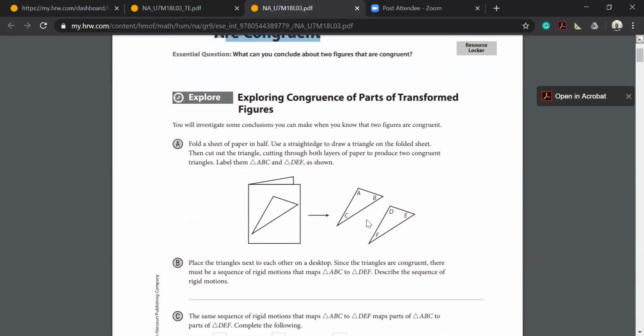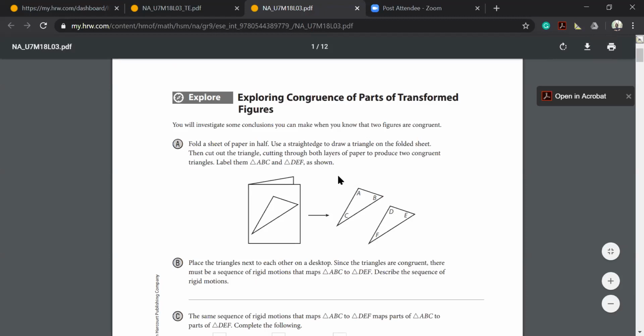I have two triangles, triangle ABC and triangle DEF. Girls, it's very important here to name the triangles in a corresponding way. What do I mean by corresponding way? Can you see the two triangles? It's very obvious that A is the same as D, B is the same as E, C is the same as F. So when you name the two triangles, try to name the corresponding parts like each other.